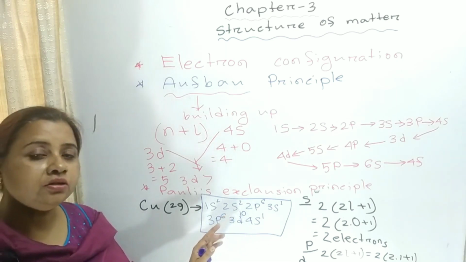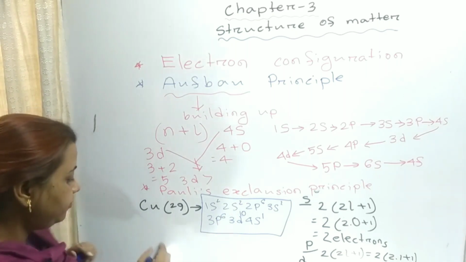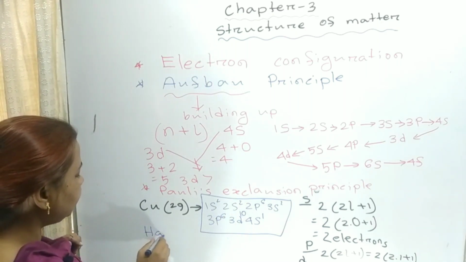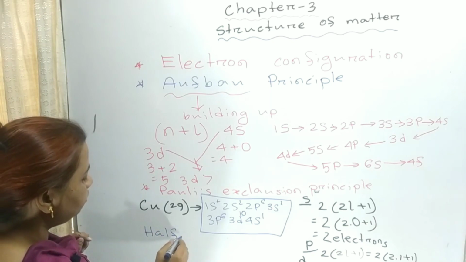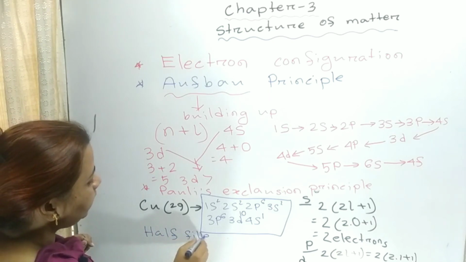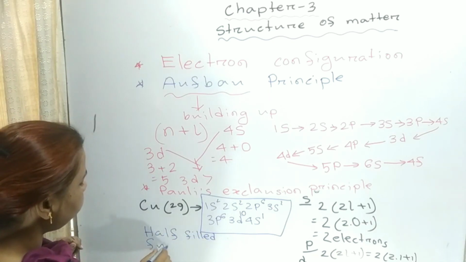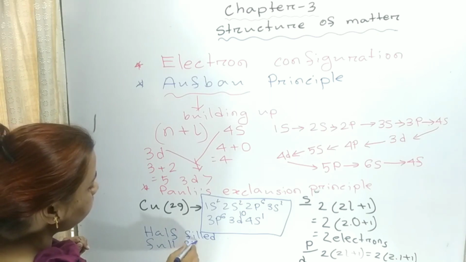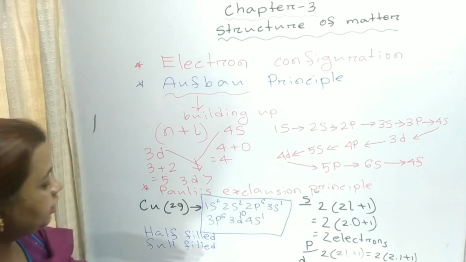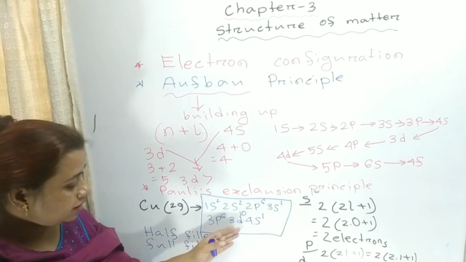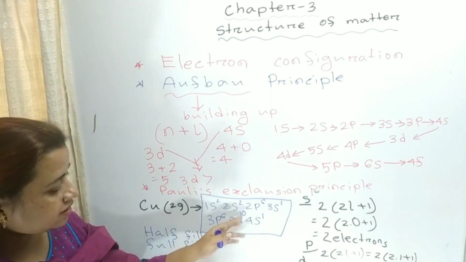Because we know half-filled and full-filled orbitals are most stable. Here there were 9 electrons in the 3d orbital.